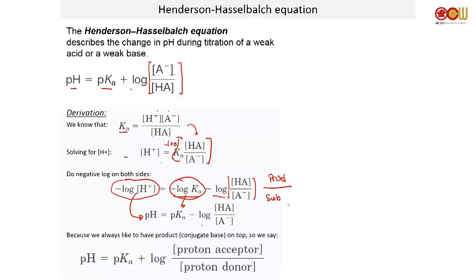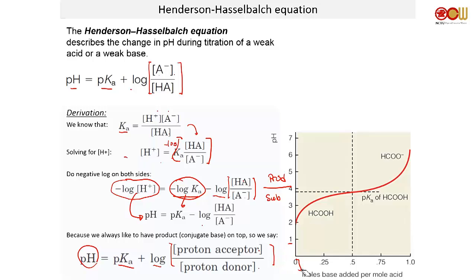So we flip it and then you get pH is equal to pKa plus the log of proton acceptor over the proton donor. So this is going to be A minus over HA. So this is the Henderson-Hasselbalch equation derivation. You don't have to remember how to derive this thing, even though I don't think it's that difficult, but you have to know how to use it.